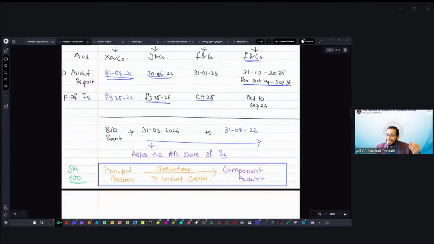So you can say that subsequent events and their consideration is nothing but a current period consolidation adjustment also for the auditor. Yes or no? And accordingly, you need to see what will be the impact of this current period consolidation adjustment.